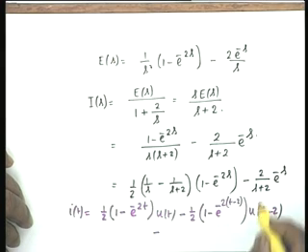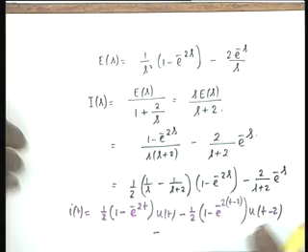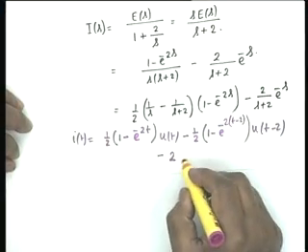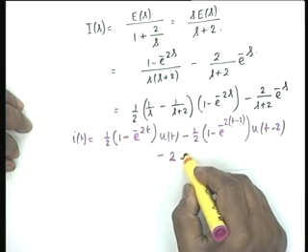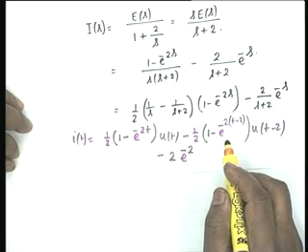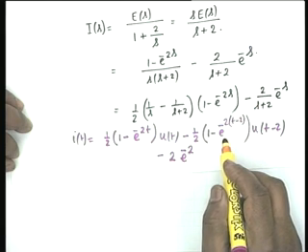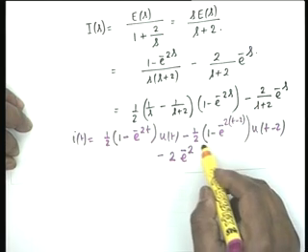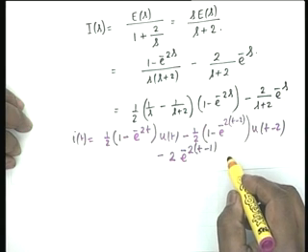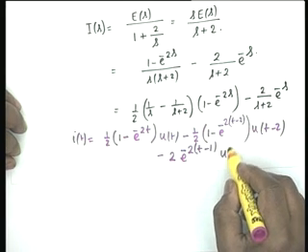Then minus this term would be twice e to the minus 2 t minus 1, because of the e to the minus s, and then we must not forget u of t minus 1.